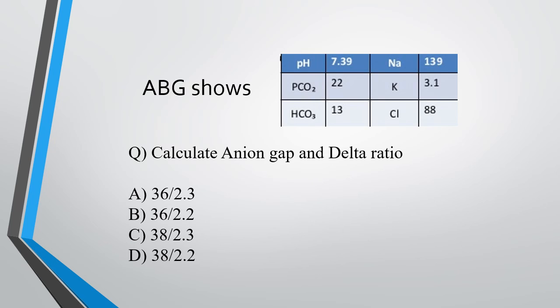So I just want to give a question to test your understanding of anion gap and delta ratio. Take this ABG. Forget the values of pH, PCO2 and bicarbonate. The question is to calculate the anion gap and delta ratio. So how do we calculate the anion gap? Anion gap is sodium minus the sum of chloride plus bicarbonate.